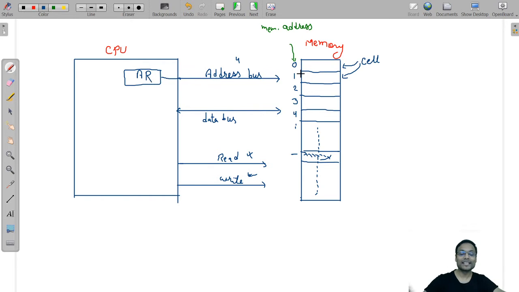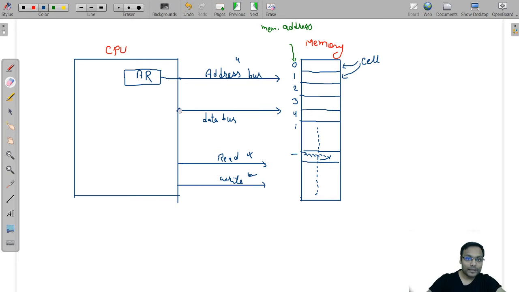So in a basic CPU design, the address register is the originating point of the address bus. Any address CPU wants to send to memory for read or write first comes to the address register, and from there only it can be sent through this address bus to memory. Remember this.